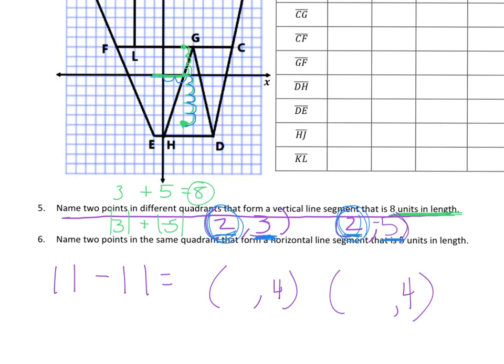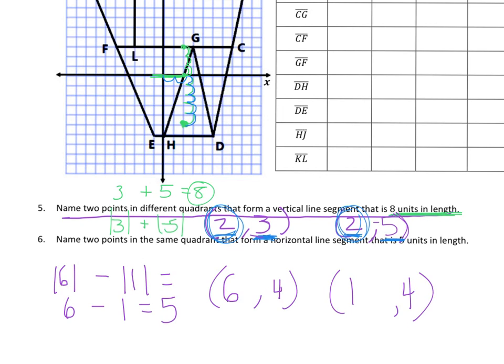And it needs to be 5. So if I do, I know 6 minus 1 gets me 5. And the absolute value of 6 is 6, and the absolute value of 1 is 1, and that gets me 5.